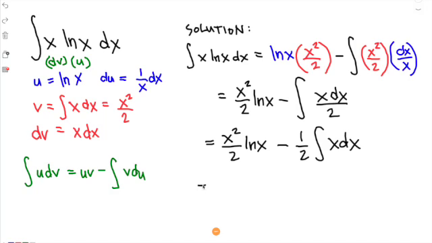So our answer should look like this: x squared over 2 ln x minus 1/2 times x squared over 2, that would be 1/4 x squared. And for the final answer, you should write your plus c.